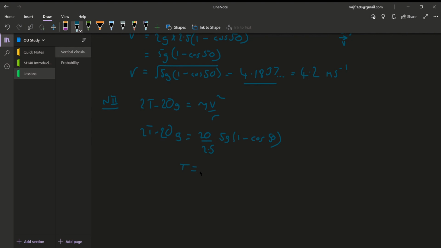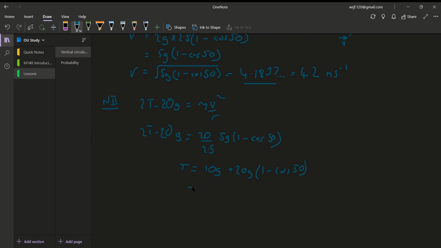That's going to leave us with T being equal to 10g from the half the 20g. 20 over 2.5 is going to give us 8, but we're going to halve that because of the 2T, so that's going to be a 4, but we're multiplying that by 5g, so that's now going to come up to 20g brackets 1 minus cos 50, and at that point we're ready to do the calculation.